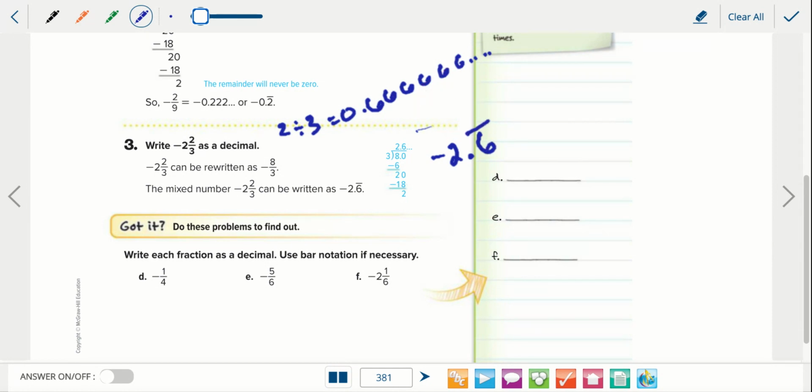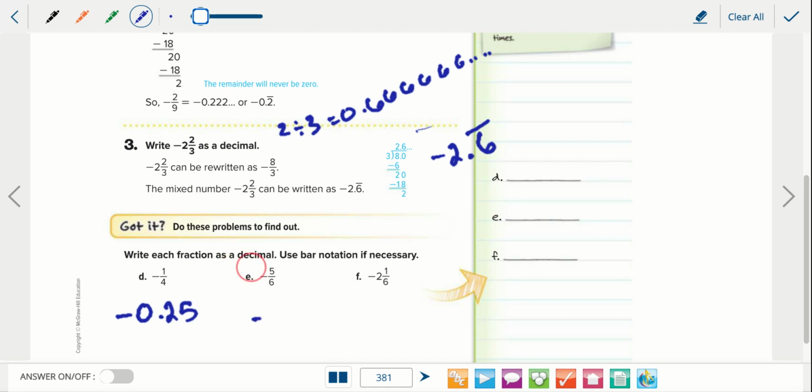So again, let's go ahead and try D, E, and F. For D, I have -1 divided by 4. I get 0.25. But don't forget, it's negative. 5 divided by 6. If I type that in, what do you get?